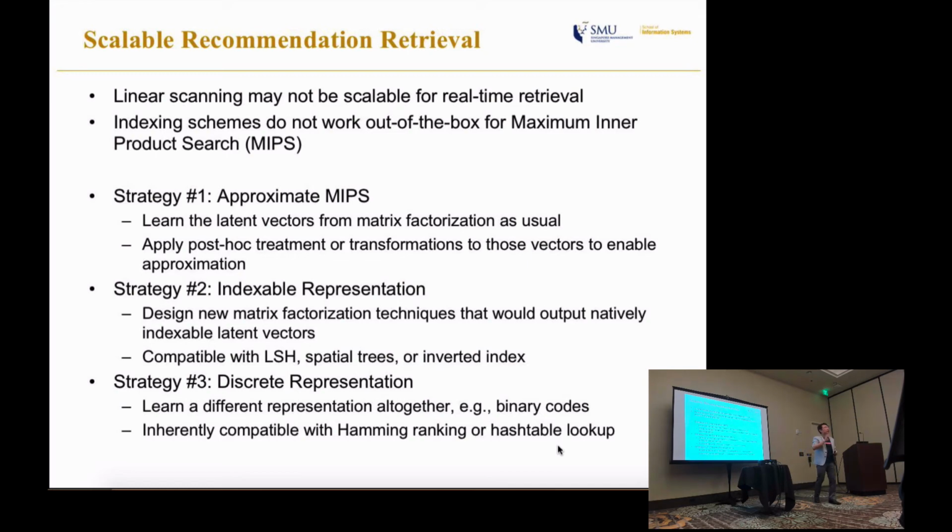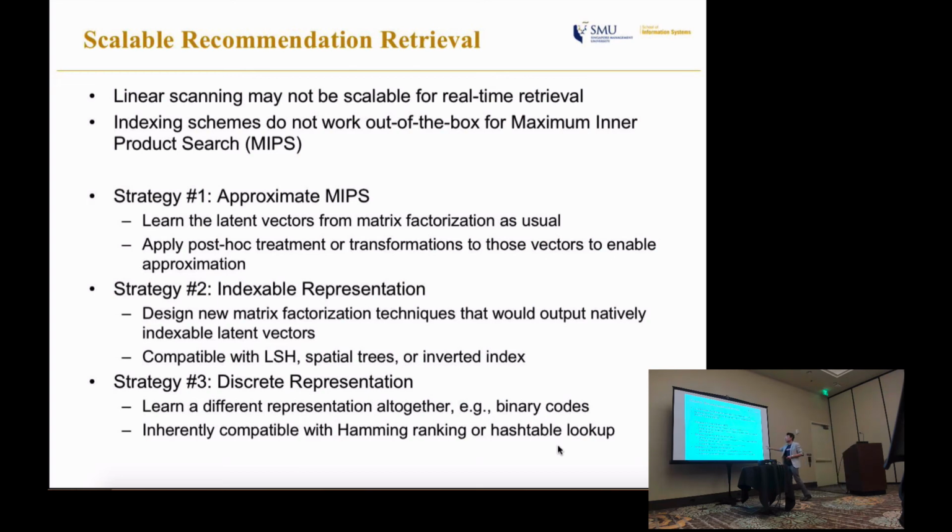So the first strategy is to approximate the maximum inner product search, which means that let's keep the recommendation algorithm as before, don't change them, just take one of them, and then we are going to employ some approximation in terms of the search based on those latent vectors that you get from existing recommendation algorithms.